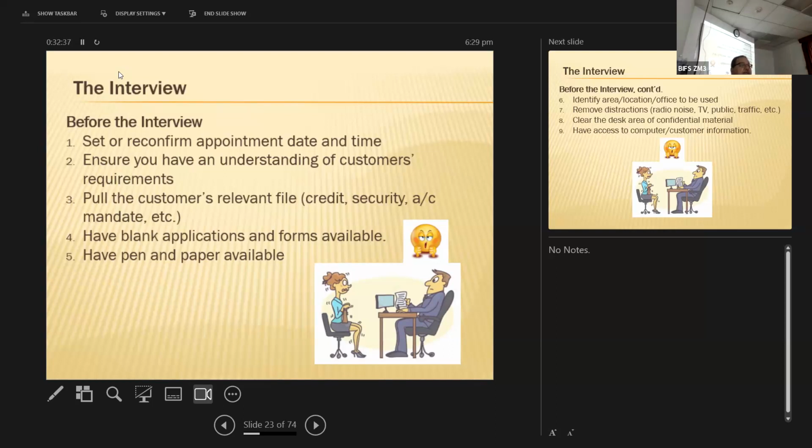Ensure that you have an understanding of the customer's requirements or needs. This is determining the purpose of the call. If you are initiating this, it might be one of those cold calls where you are soliciting business from the client.